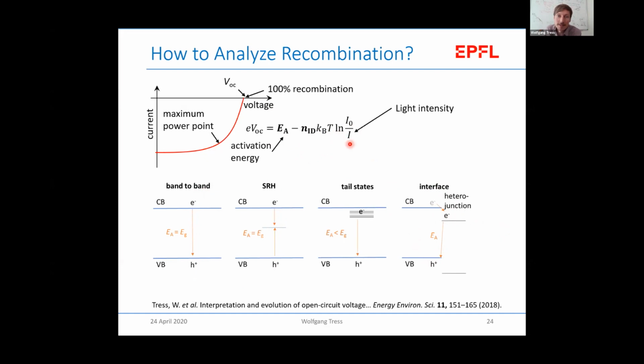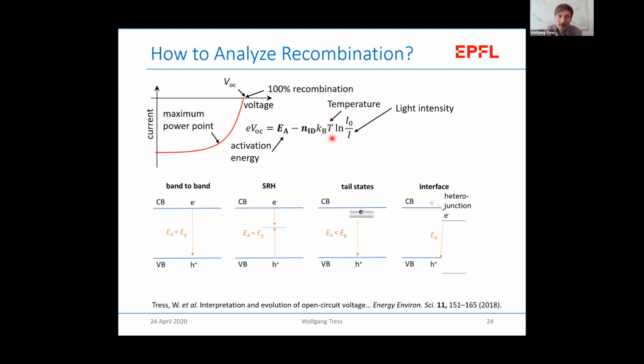So this is the light intensity. The open circuit voltage scales logarithmically with this light intensity, because we can in principle populate more and more the conduction band, so we can generate a higher electrochemical potential. And here we have the temperature included.